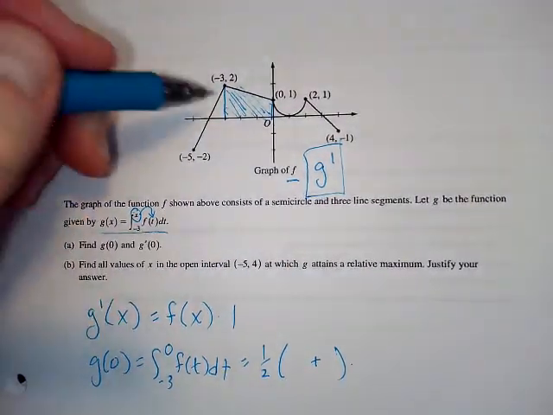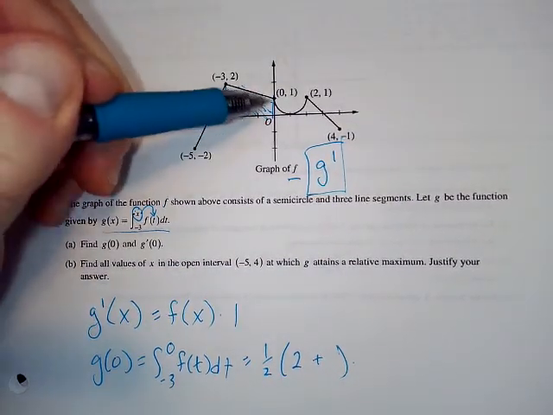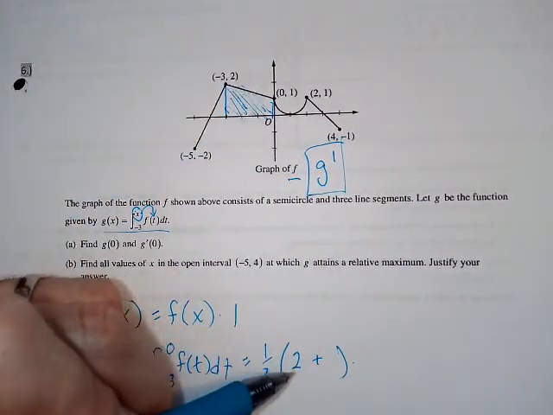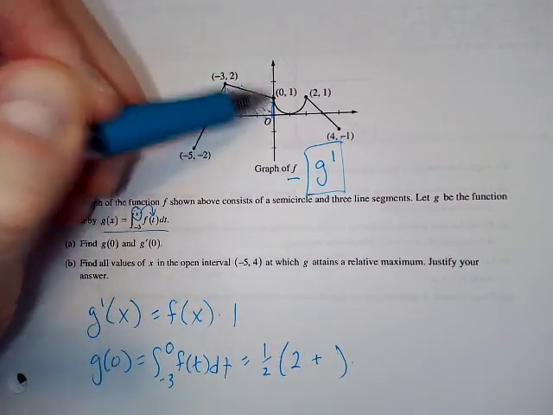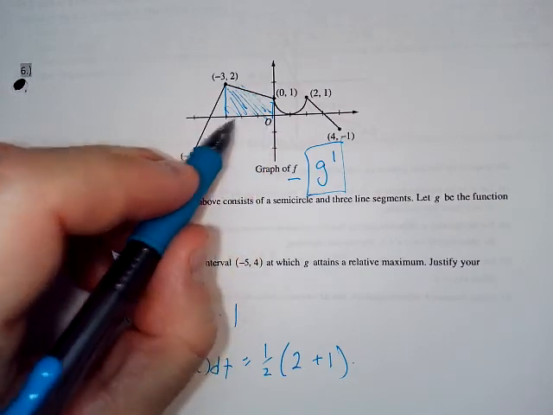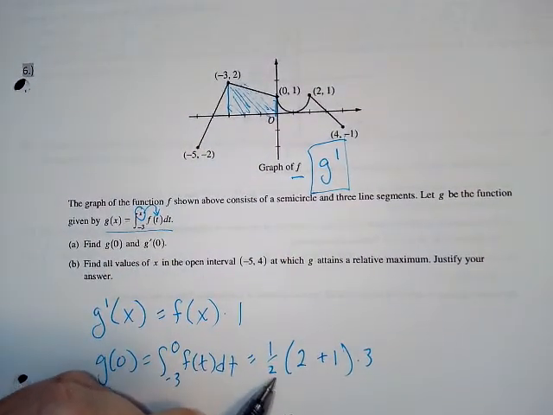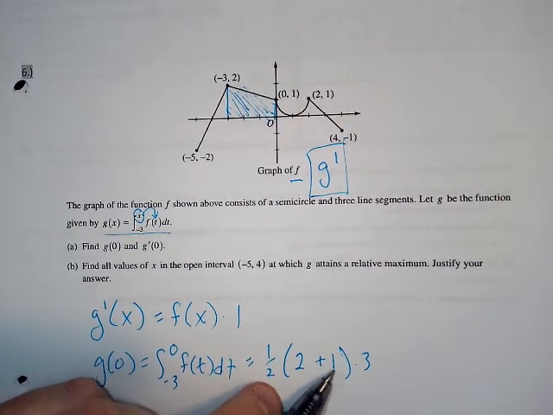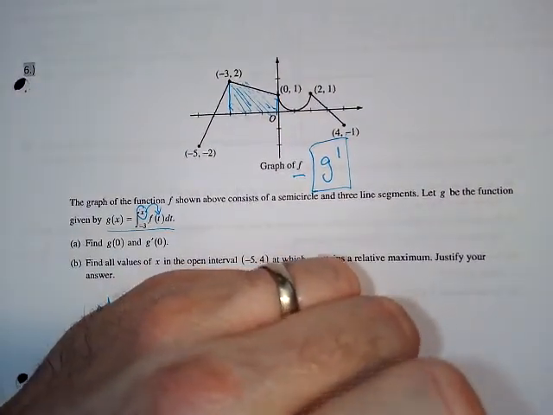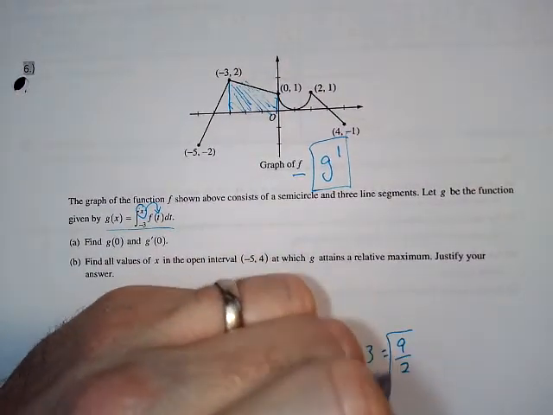Base 1 is the vertical height on the left, which is 2. Base 2 is the vertical height here, which is 1. The height, remember, is the horizontal width of that interval, which is 3. So I have half of 2 plus 1, so 3, times 3. That would be 9 halves. So g of 0 is 9 halves. All right, so that's the first answer.